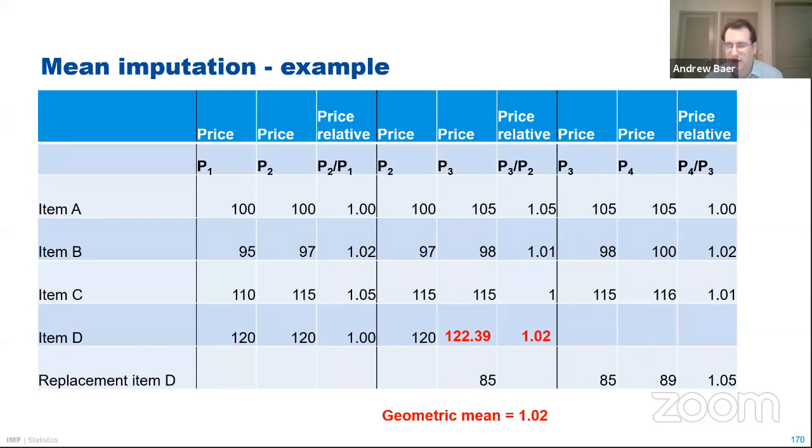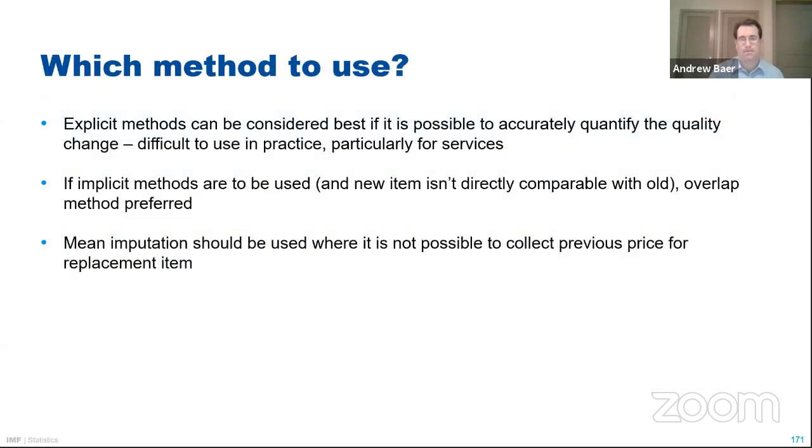So often when you bring in a new item to your index, you're not going to have an overlap period, and you're not going to know anything about the quality differences between item D and replacement item D. In this case, your best bet is to use some form of this mean imputation method so that in the month of substitution between item D and replacement item D, you actually have a price relative based on the other items within the cell.